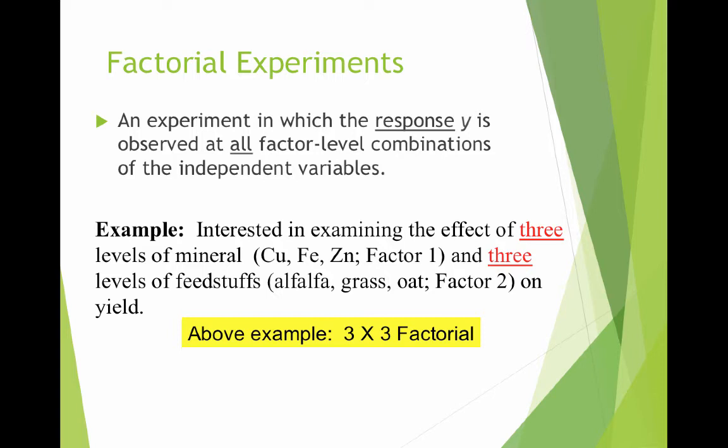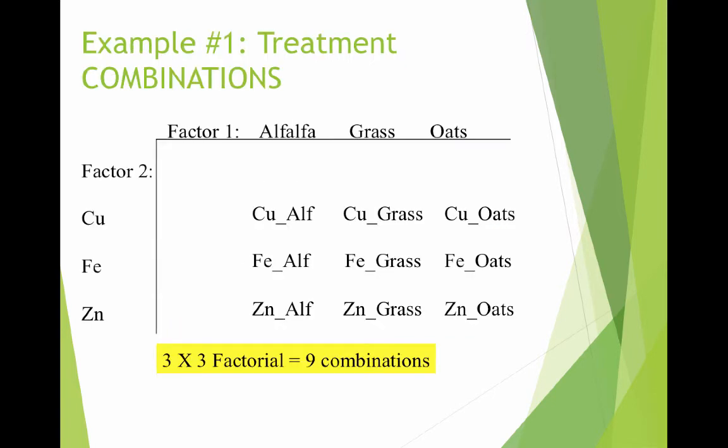And so if we had three levels of a mineral and three levels of a feedstuff, where mineral was factor 1 and feedstuff was factor 2, in order to figure out what type of factorial design we had, we would just multiply the levels within each treatment. So we have 3 for factor 1, 3 for factor 2, 3 times 3 is 9. And so this really sets up a 3 by 3 factorial experiment.